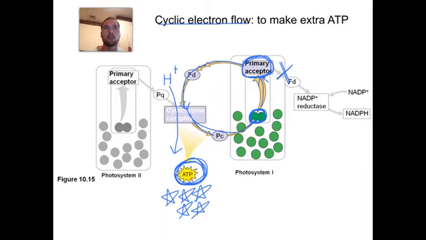So this happens. There are different triggers in the cells that the book talks about that would trigger this to happen instead of the non-cyclical form. So this is all the information I've got for you on the light reactions.